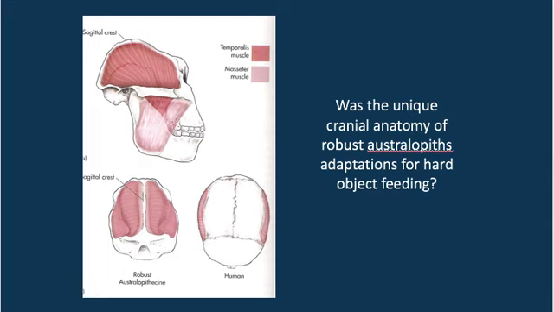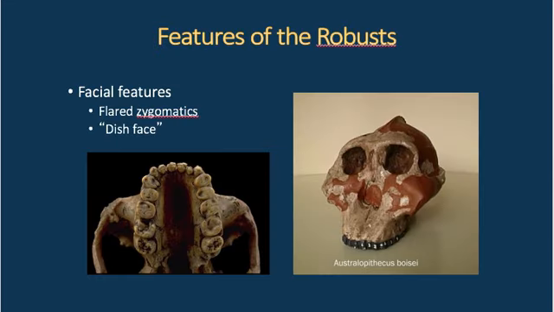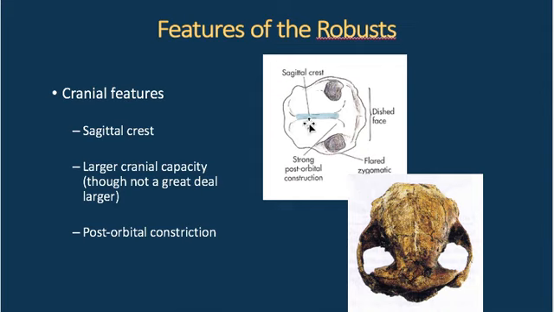The larger a muscle, the larger the insertion point needs to be on the bone. This structure here, the sagittal crest, is the attachment point for that muscle. So the flared zygomatics, the dish face, the postorbital constriction, and the sagittal crest are all accommodations for having large, powerful chewing muscles.